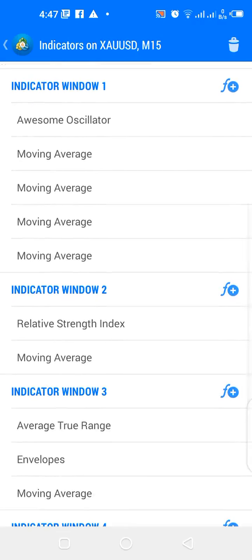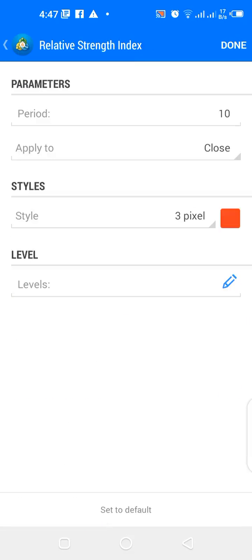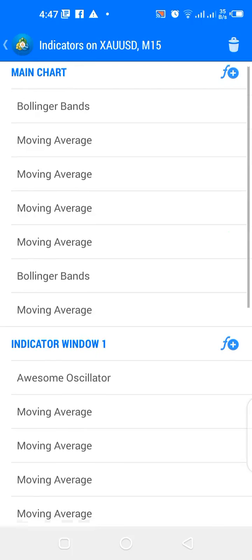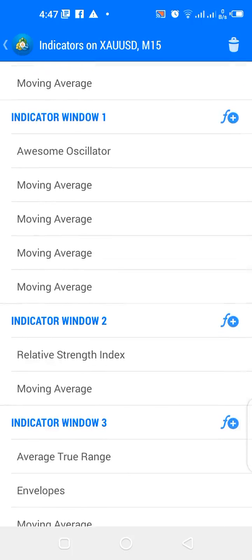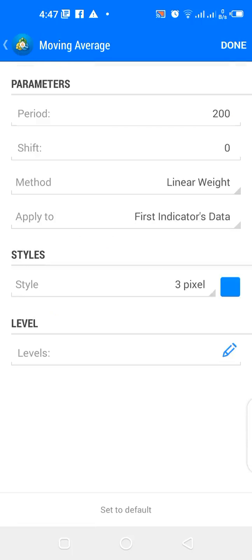For indicator window 2, we have relative strength index and moving average. For the settings for the relative strength index, we have 10 period RSI applied to close. Color is red. Then for the moving average, we have 200 period moving average.